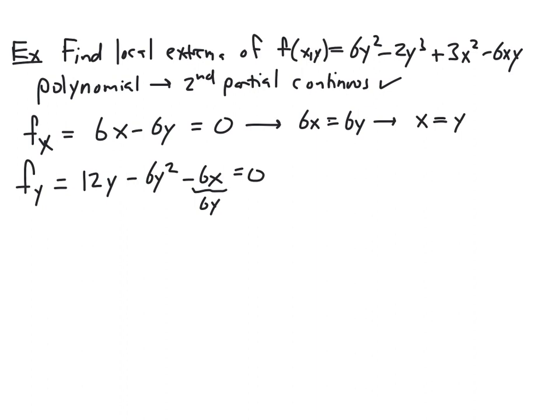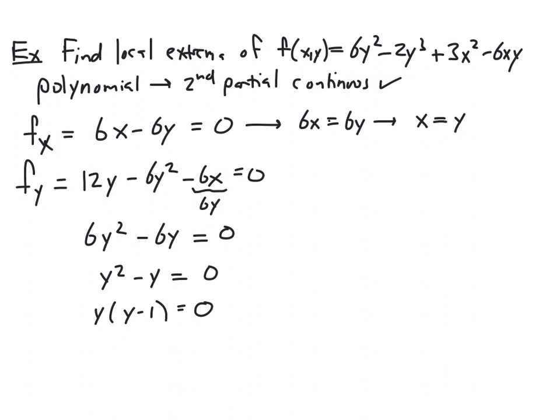When we rearrange this, moving everything to the other side to make the y squared term positive, we get 6y squared minus 6y equals 0. We can solve this pretty easily. We can divide both sides by 6 to get y squared minus y equals 0, and we can factor out the y.